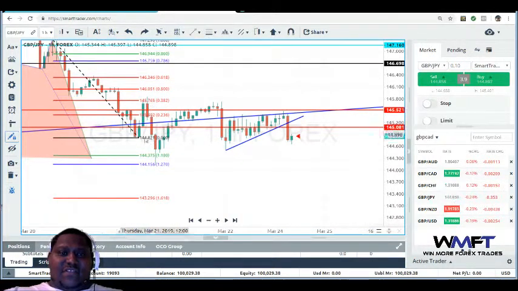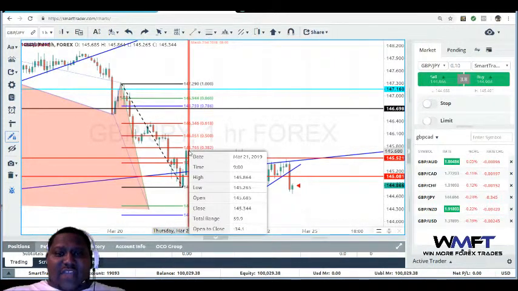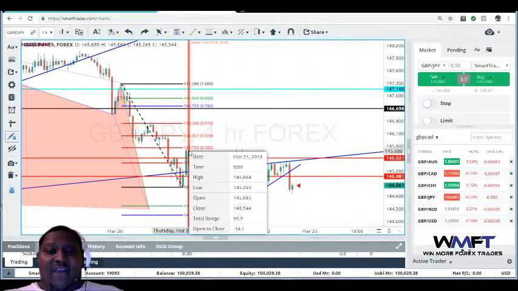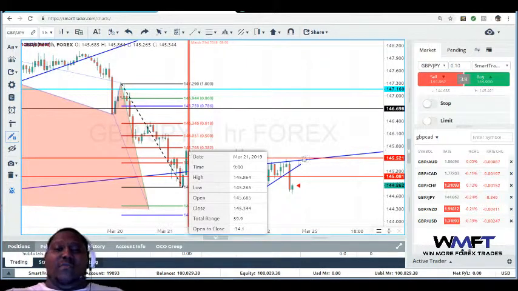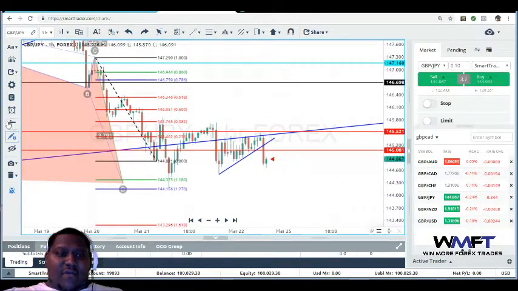So at this point, this is your A. We have an A here, we got a B here, and this is the deepest retracement so far. And this candlestick, the highest point is 145.864. So you put your stops 10 pips above that, so it'll be 145.964 is where you would want to put your stops.